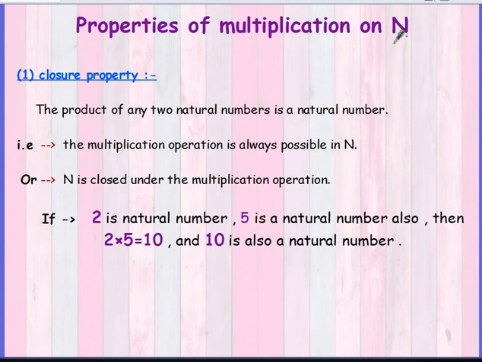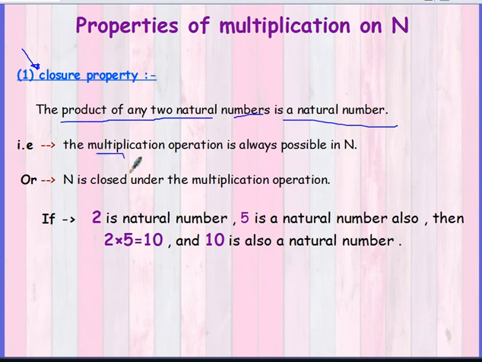Properties of multiplication on N. Closure property. The product of any two natural numbers is a natural number.